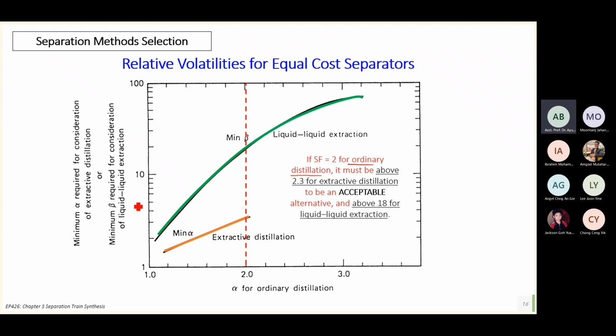Y is the minimum relative volatility required for extractive distillation, and minimum beta. Beta is when you include the MSA. So if ordinary is equal to 2, it must be above 2.3 for extractive distillation.